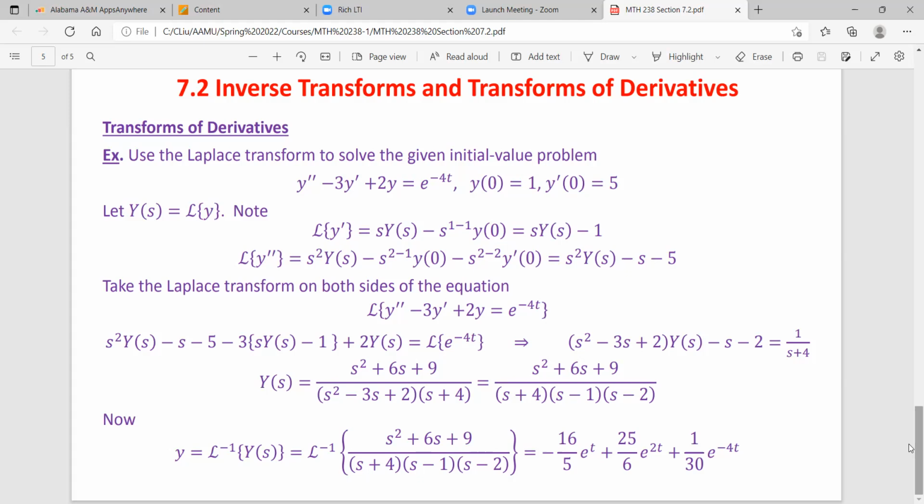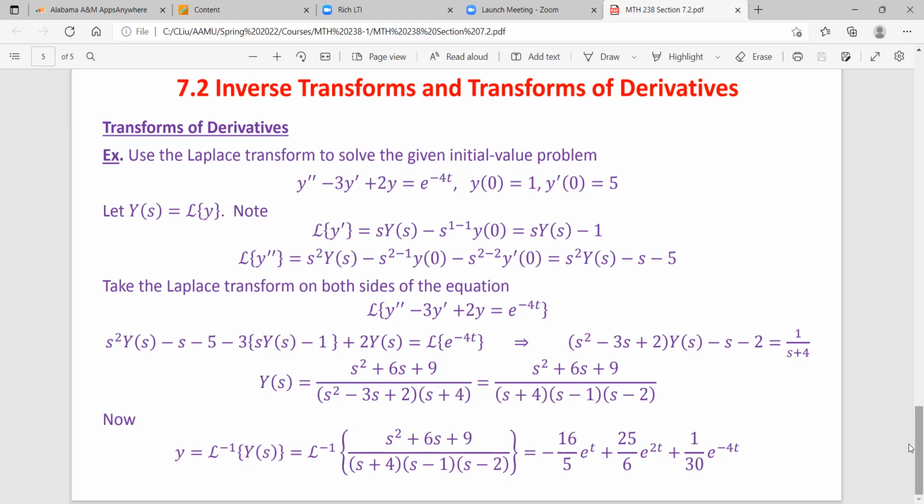We get s squared Y of s minus s minus 5, that's the Laplace transform of y double prime, minus 3 times the Laplace transform of y prime, which is s times Y of s minus 1, plus 2 times the Laplace transform of y, which is Y of s. The right hand side is just the Laplace transform of e to the negative 4t. Using the formula from section 1, that's just 1 over s plus 4.